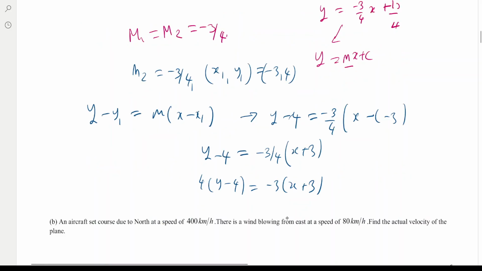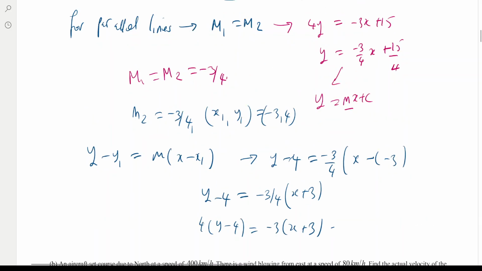You simplify further the equation, dear students. From this one here you have 4y minus 16 equals negative 3x minus 9. So you have 4y plus 3x minus 7 equals 0, because now you'll be having negative 16 plus 9.